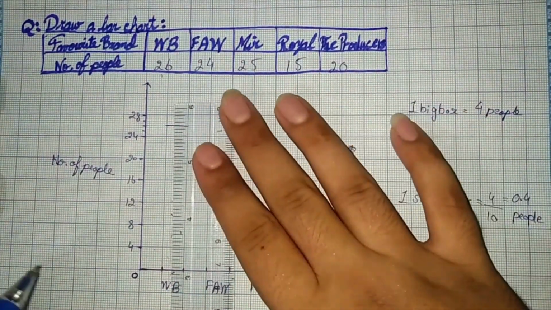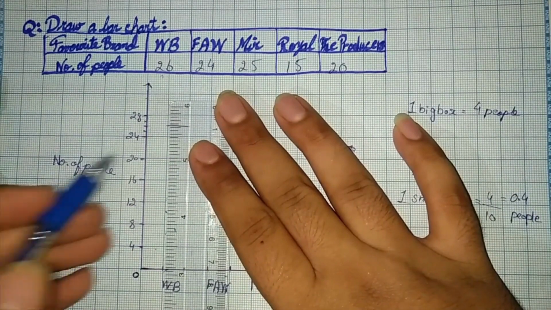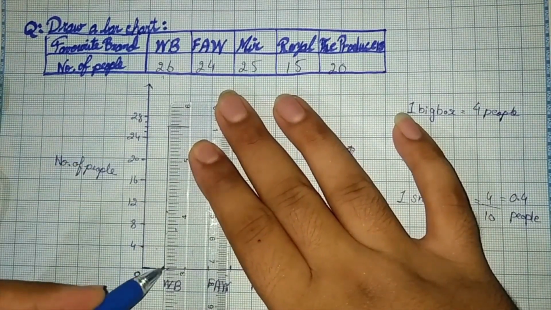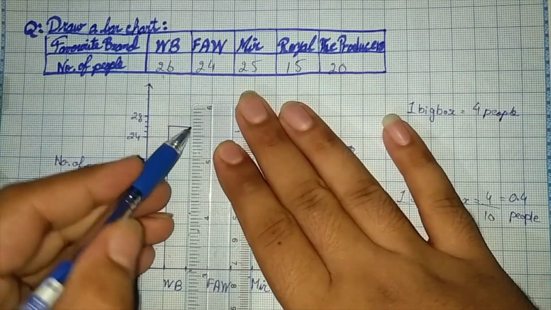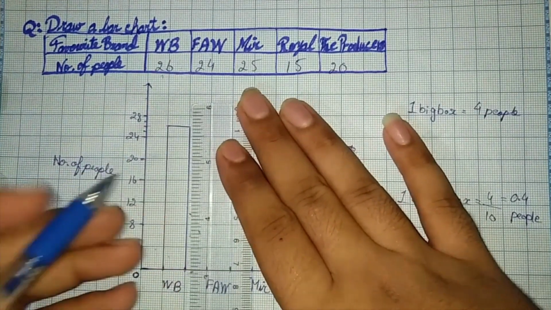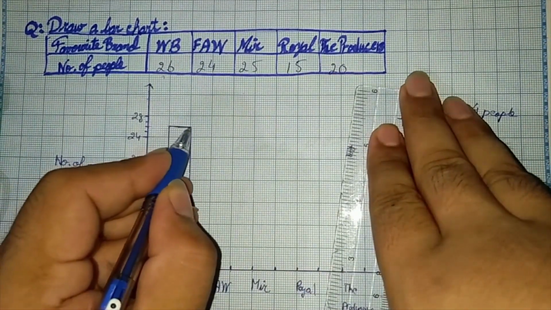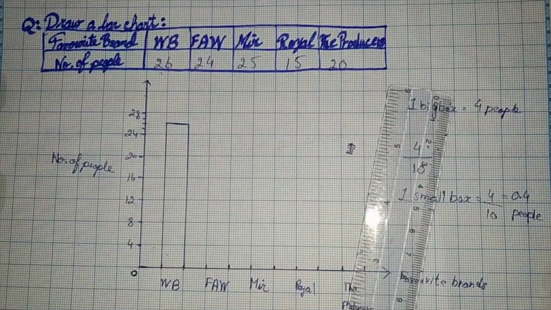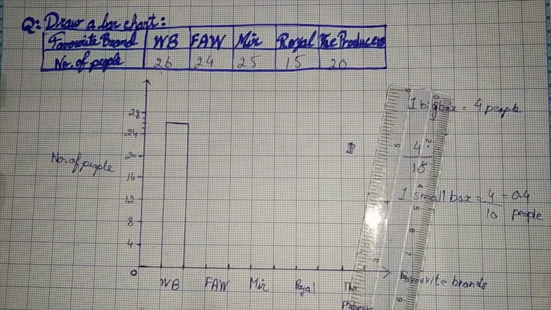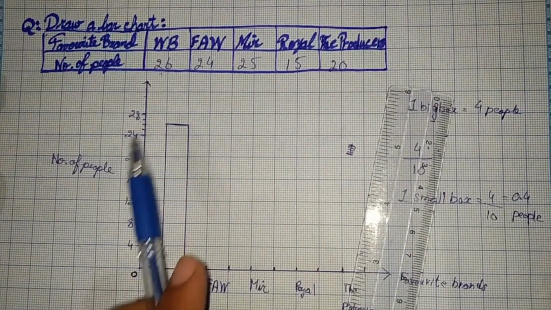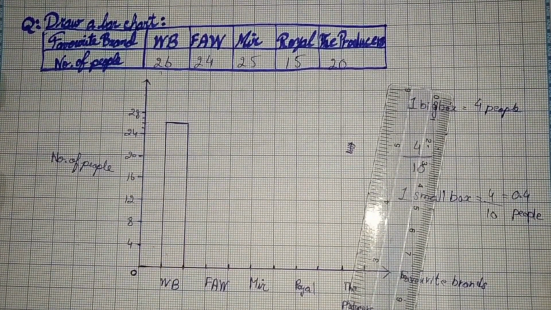Now what I will do here, I will draw a line to make a bar just like this, clear? So this is the bar of company WB corresponding to the number of people who liked it.